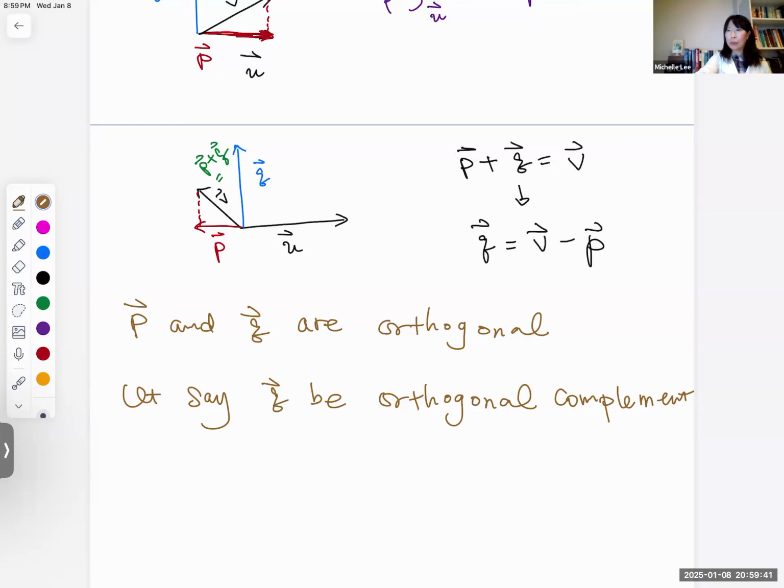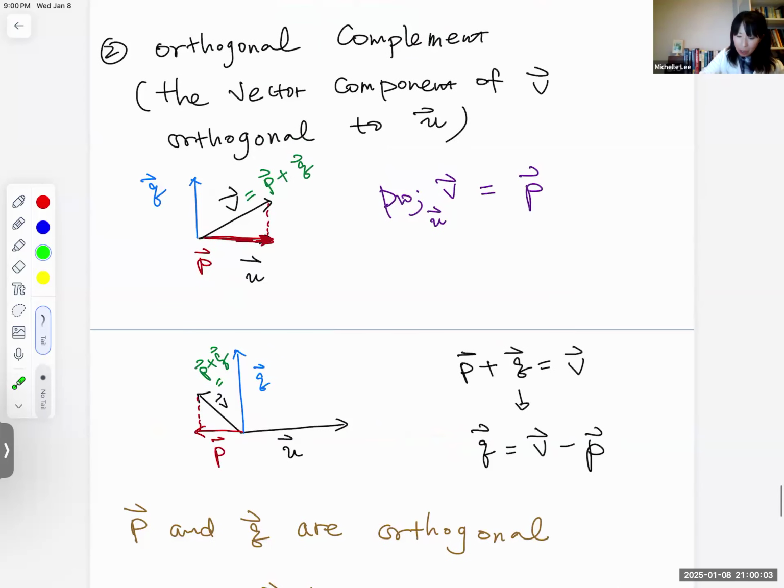Let's do this one. So for the orthogonal complement, we have a formula already. So Q equal to the vector V minus P, right? So when they ask us for the orthogonal complement, that is the vector component of vector V orthogonal to vector U. Okay.